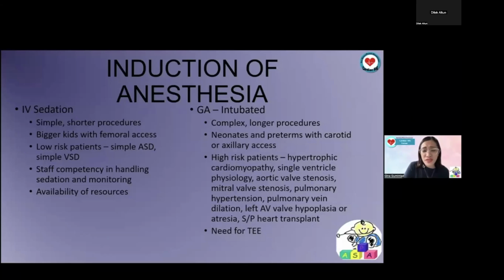Positive pressure ventilation can also cause low venous return, low flow across valves, and lower metabolic rate and oxygen consumption, which can worsen the accuracy of the measurement. So we need to really balance whether we'll do IV sedation or intubate the patient. Of course, the benefit should outweigh the risk for this type of anesthesia for our patient.